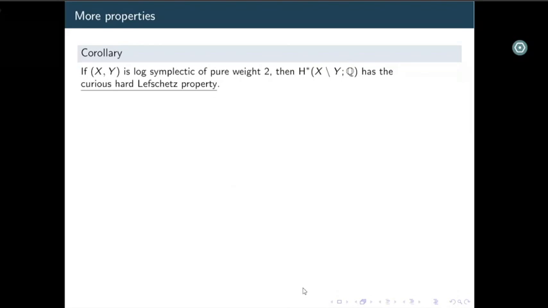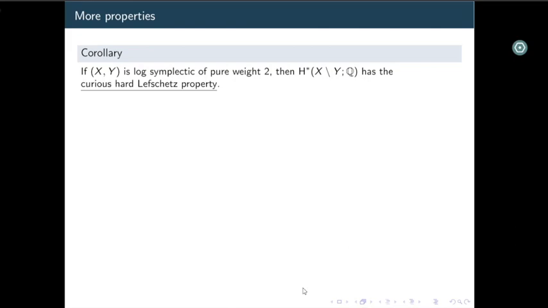As a corollary, and I won't explain this in detail, this is related to work of Hausel, Rodriguez-Villegas on the cohomology of character varieties. There's this property that they study called the curious hard Lefschetz property.